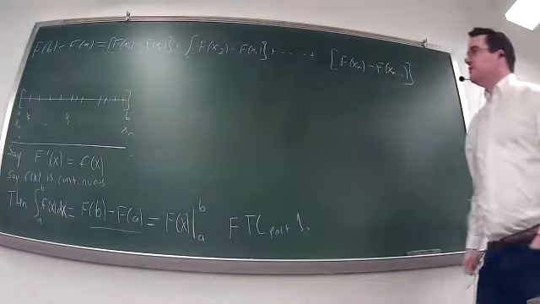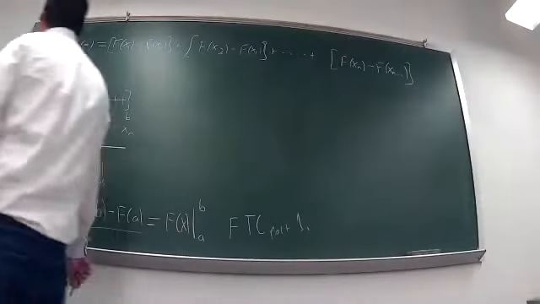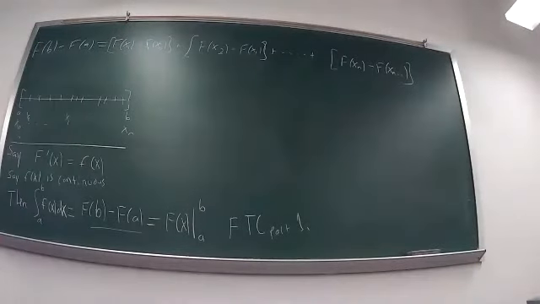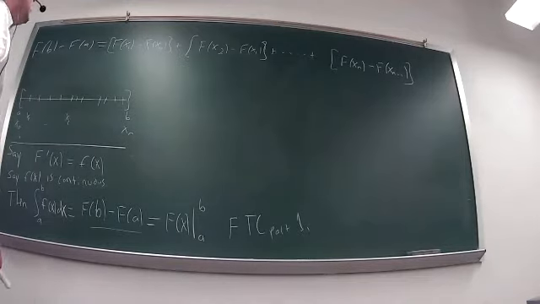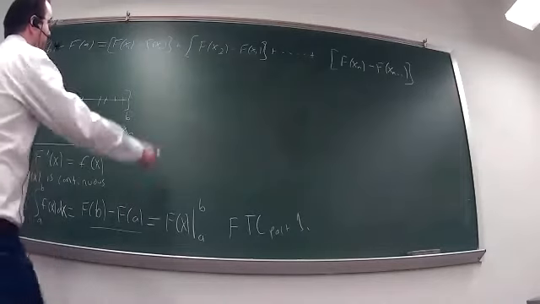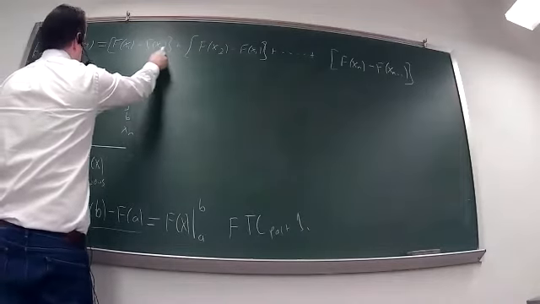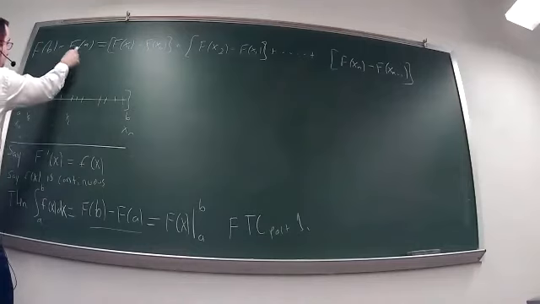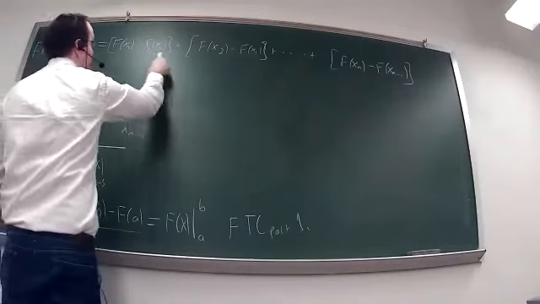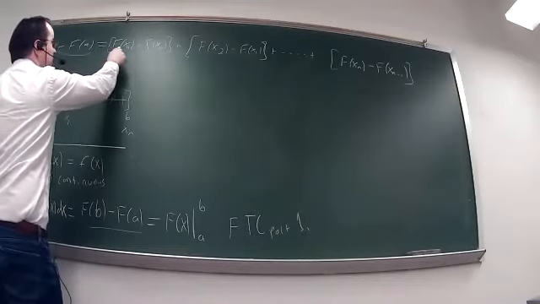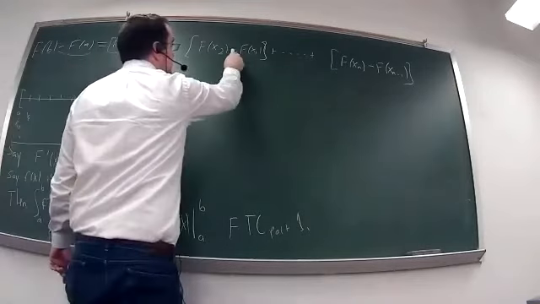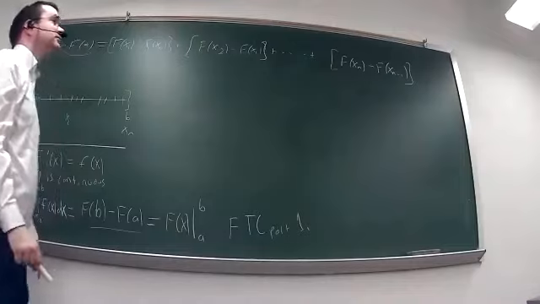So do you see why those two things are equal? You might first look at this and say, there's no way these two could be equal to each other because this has so many terms, but this one doesn't. But look at what's happening. Minus f of x0, that's minus f of a. So this part is right there. Where's the x1? Well, the f of x1 cancels with this minus f of x1.